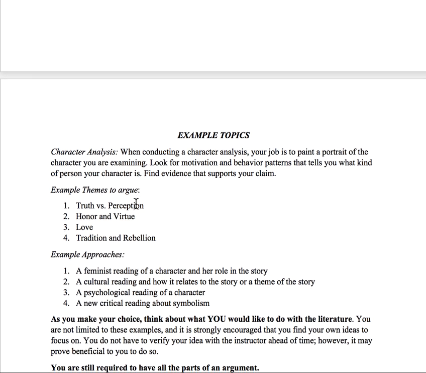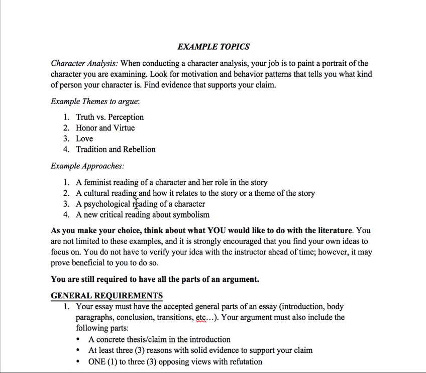So for the example topics, there's a number of different ones. For character, look at issues around behavior. Look at why a character is telling the truth, or why they're the reliable narrator or the unreliable narrator, or why they are dynamic or why they are flat. Are they the hero? Are they the anti-hero? There's a lot of different things you can talk about with character analysis.